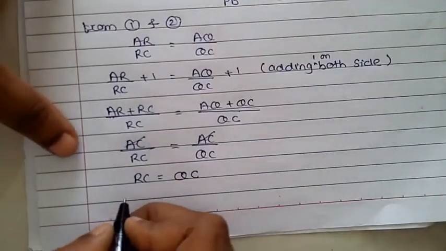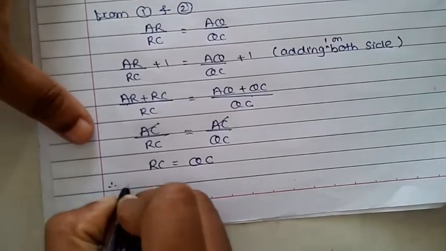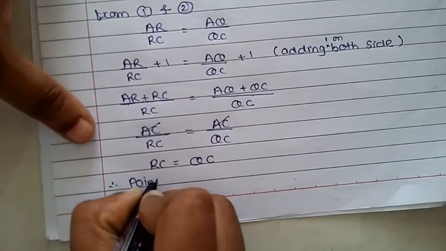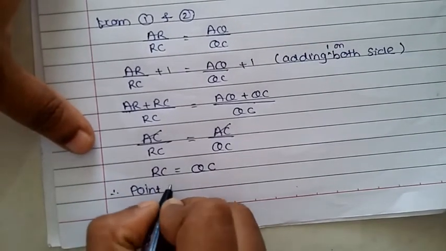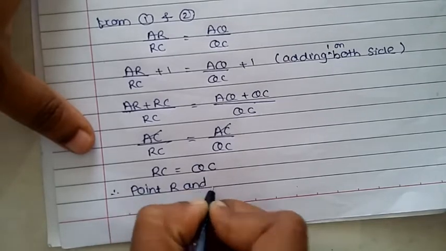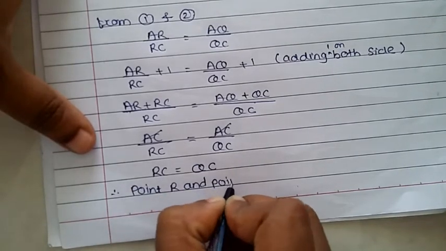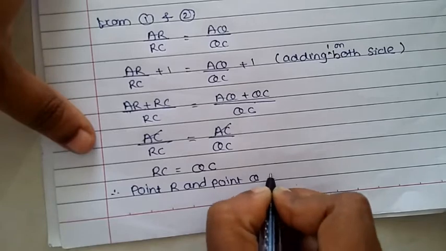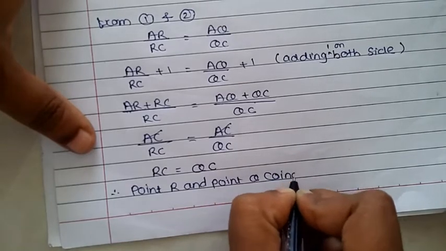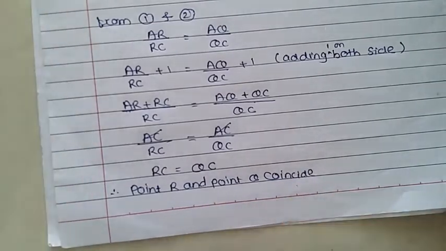Therefore, we can write it as: point R and point Q coincide. Coincide means they lie on itself or in between. That means R lies on Q or Q lies on R. That means they are overlapped. Okay.